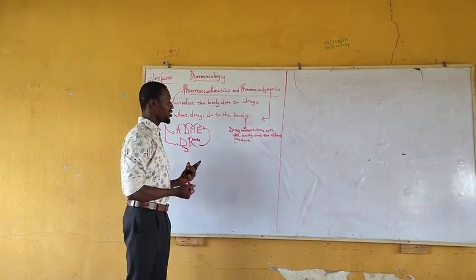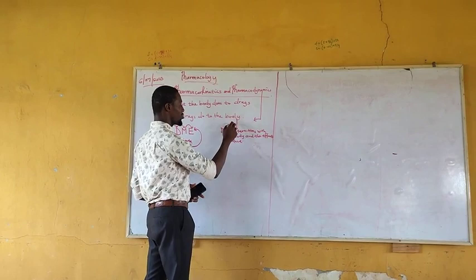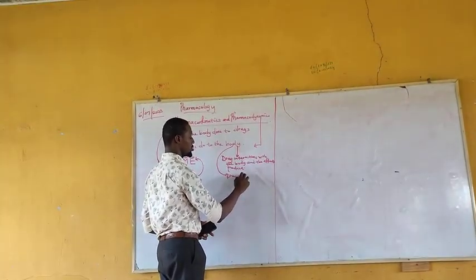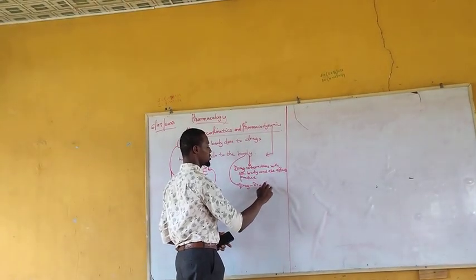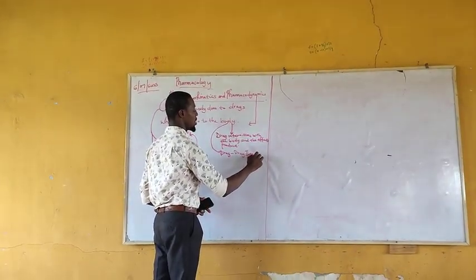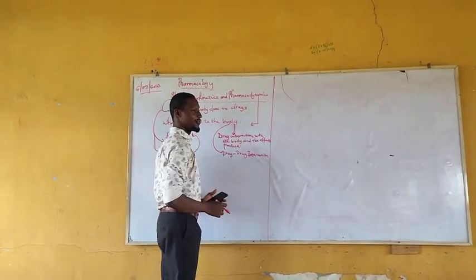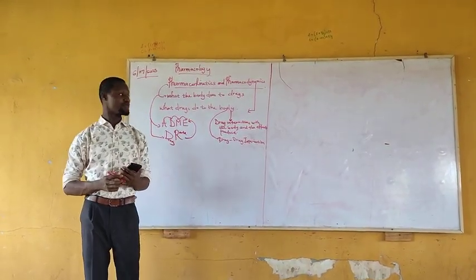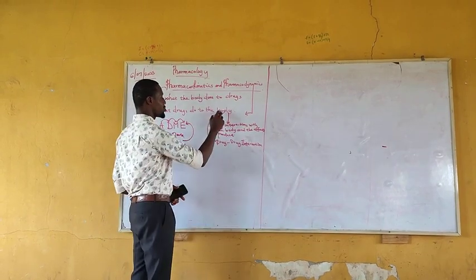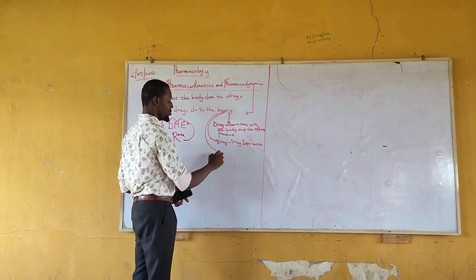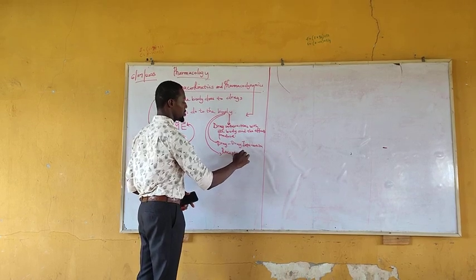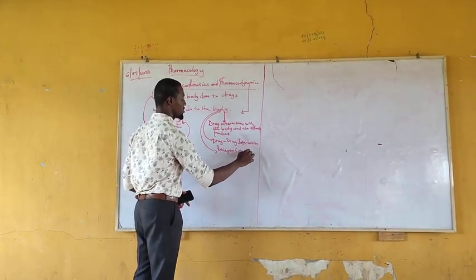Then, also, we might look at drug interactions. How one drug affects the functioning of another drug. To talk about either of these two here, we must look at receptor concepts.